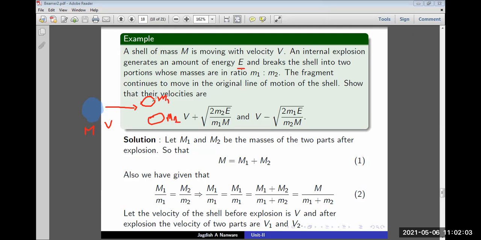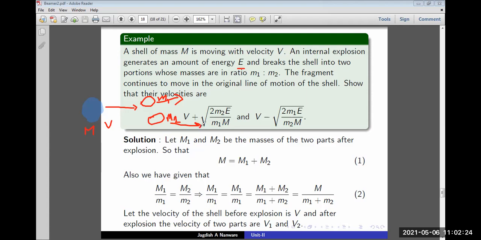And these fragments continue to move in the original line of motion of the shell. So what are their velocities? The second portion also moves in the same direction. That is the assumption.